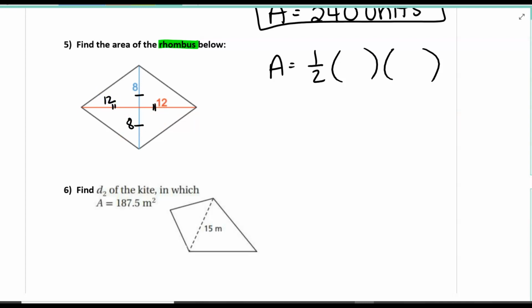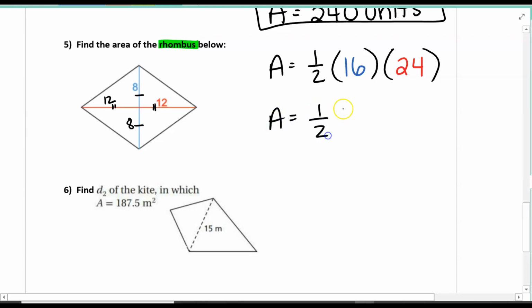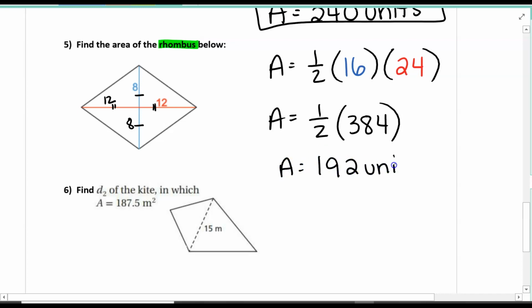So I have one diagonal that's 8 plus 8, which is 16. I have another diagonal that's 12 plus 12, which is 24. So at this point, I have 1/2 times 384. And when I divide that 384 in half, I have an area of 192 units squared.